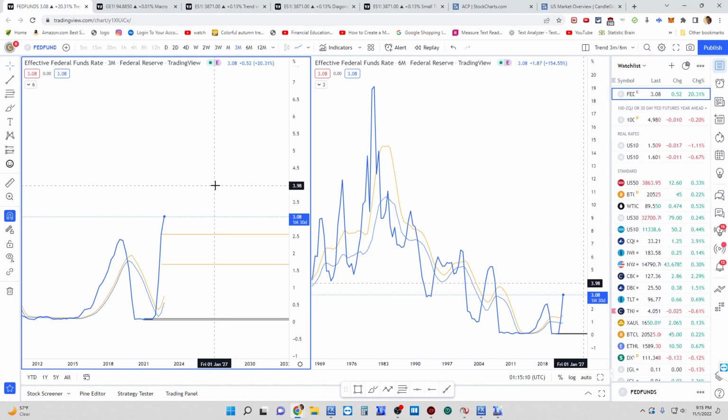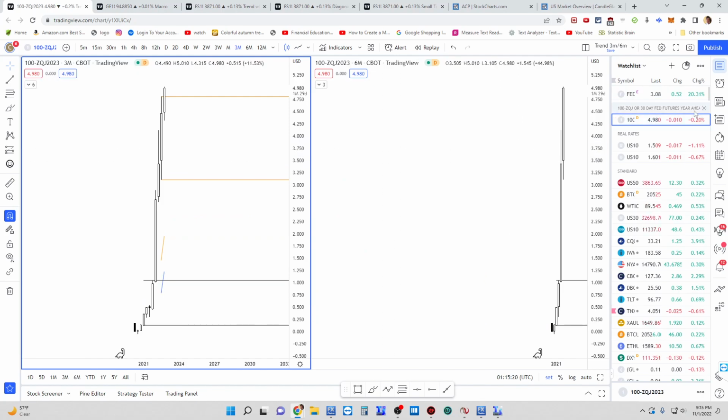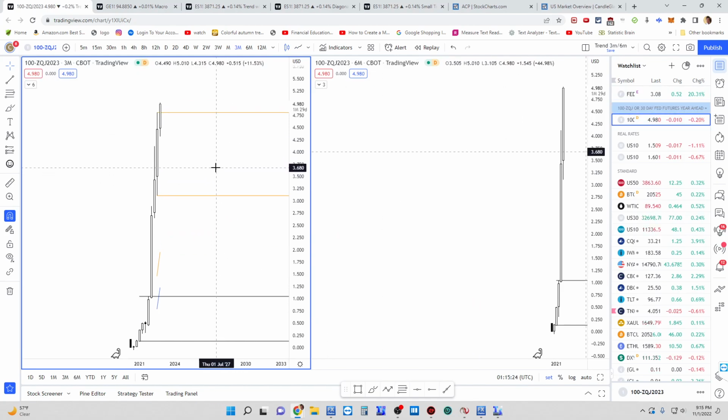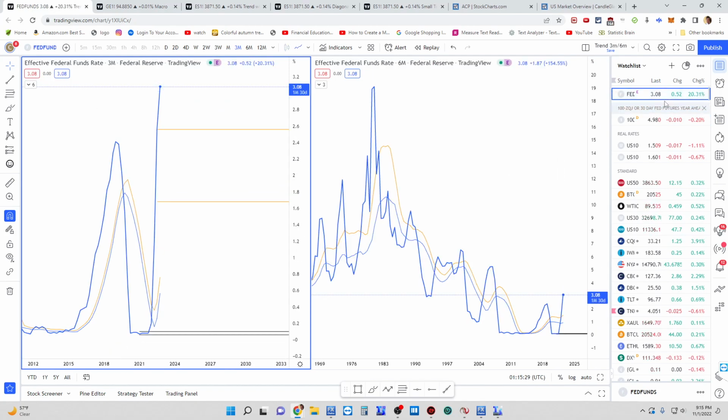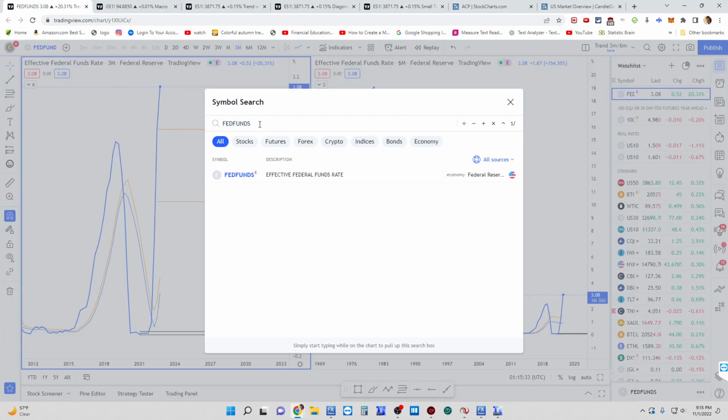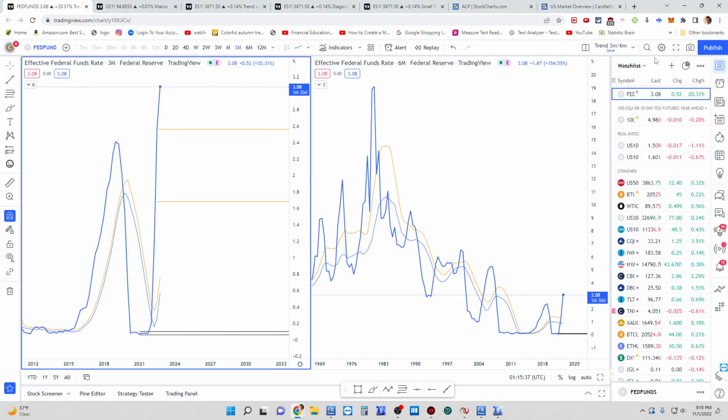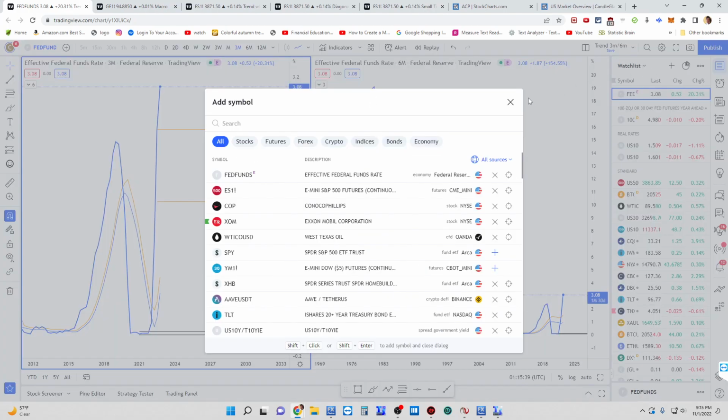So here's some fundamentals. This is where we're at on the rate hikes: 3.08. This is the 30-day forward yield contract. We're at 4.98. So we could take this formula. We could do Fed funds minus, let's see, we want to do a formula.